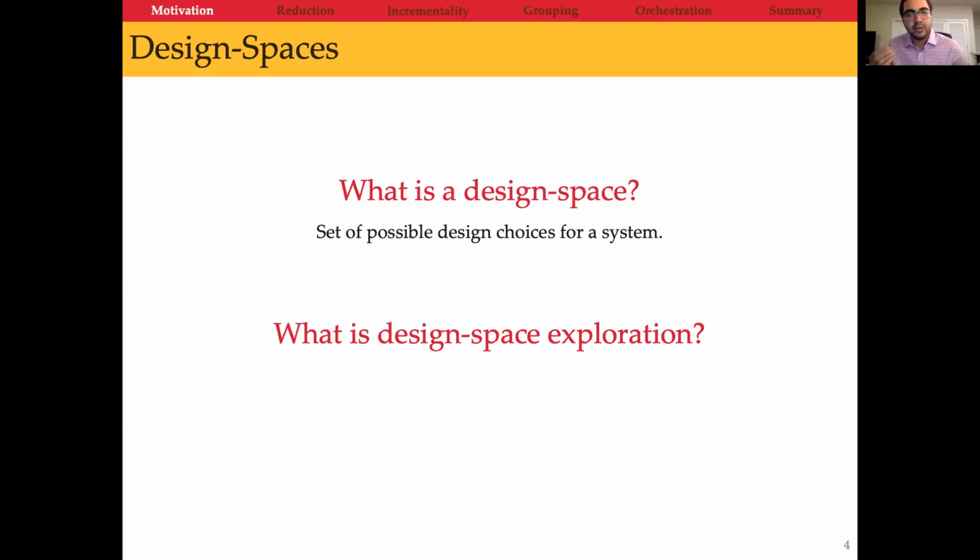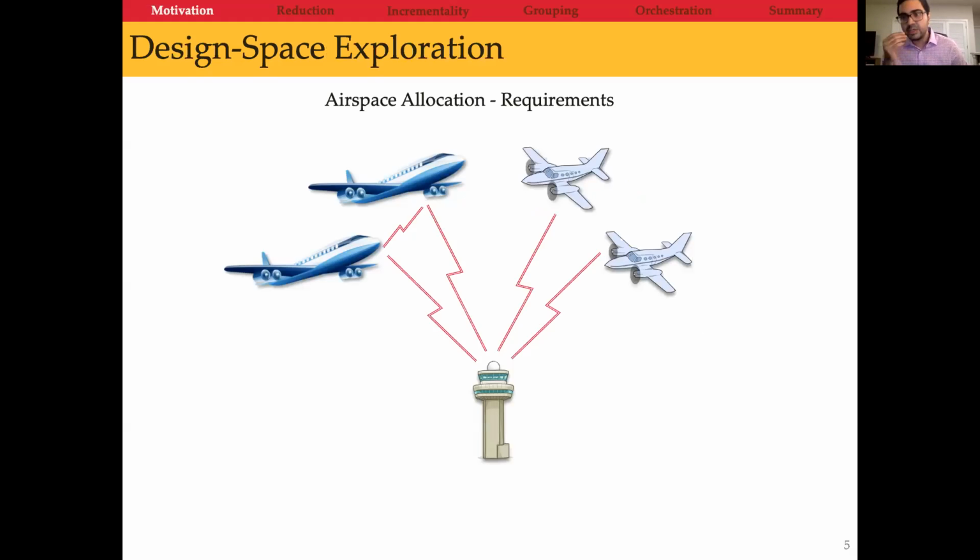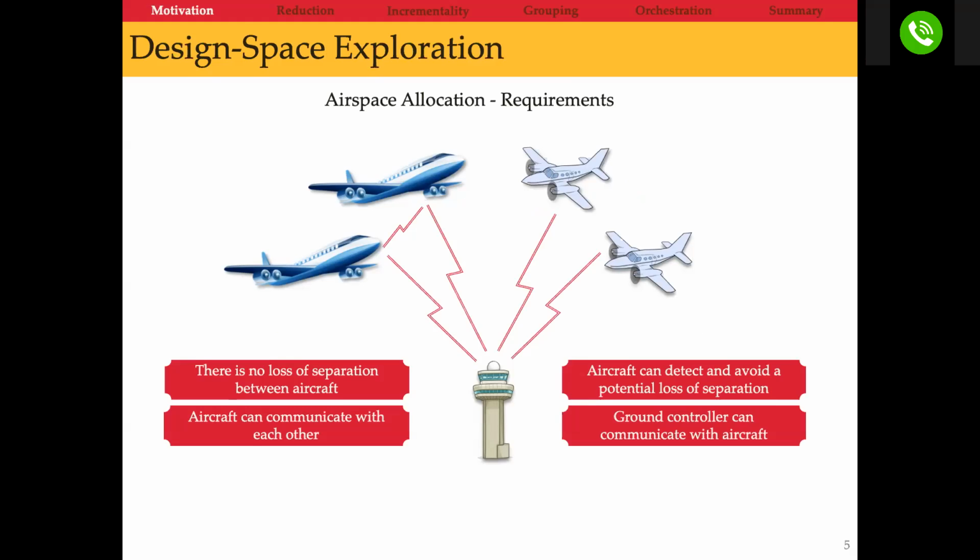Now let's look at what I mean by design space exploration. Coming back to my example of airspace scenario, we have the requirement that every possible airspace scenario must meet certain design requirements over all the possible behaviors of agents in an airspace. Simple examples of requirements include that there is no loss of separation between aircraft, and in the case of a potential loss of separation, the aircraft can actually detect that loss of separation and perform some mitigation measures to avoid it.